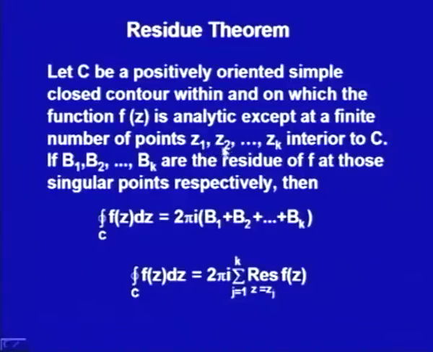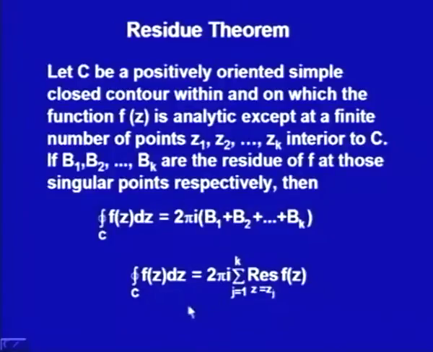Isolated singularities interior to any closed contour C have to be finite, because if they are not finite, then that singularity will not remain isolated. So, if the function has only isolated singularities, they must be finite. So, we are talking about functions which have finitely many isolated singularities.